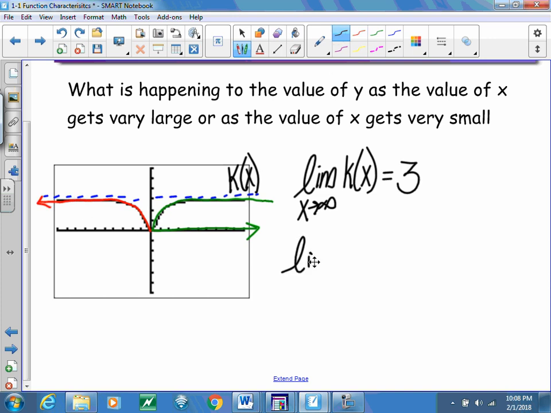And so the limit as x approaches negative infinity of k of x is also going to equal positive 3. So you can have functions go to plus or minus infinity, and you can also have them go to a particular value.